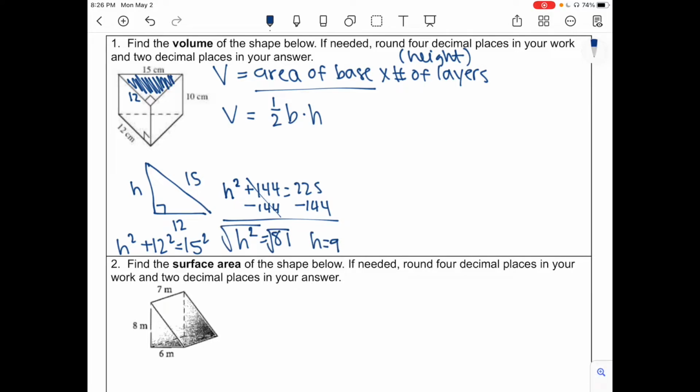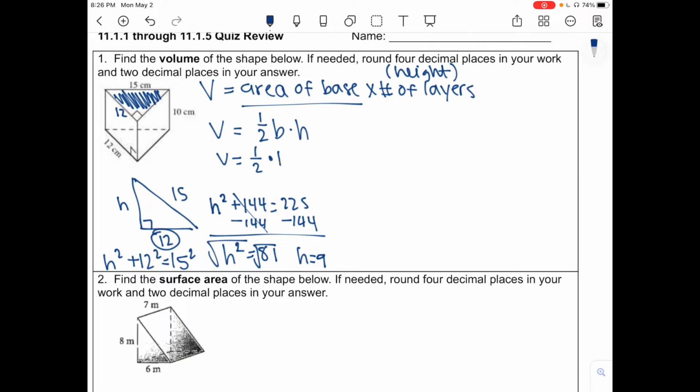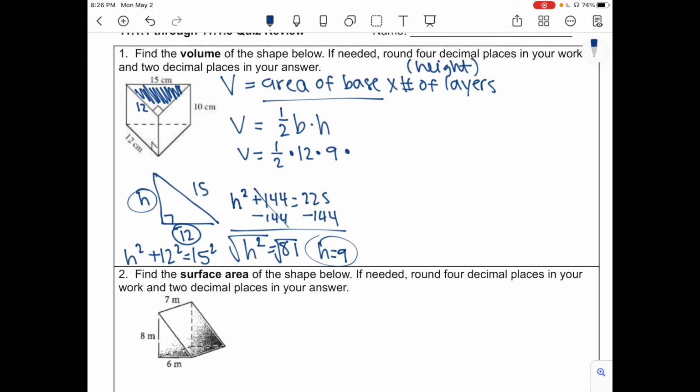So then I'm going to plug that into the formula. V equals 1/2 base times height, which was 9, and then times number of layers of those triangles, aka the height of the whole thing. That would be 10, because I have 10 layers of triangles.